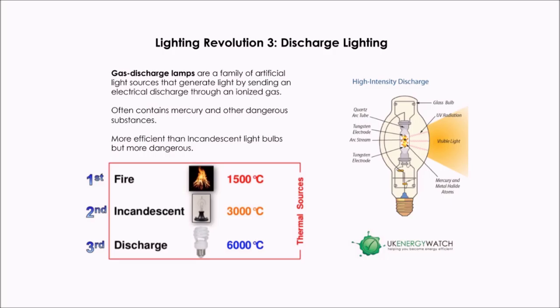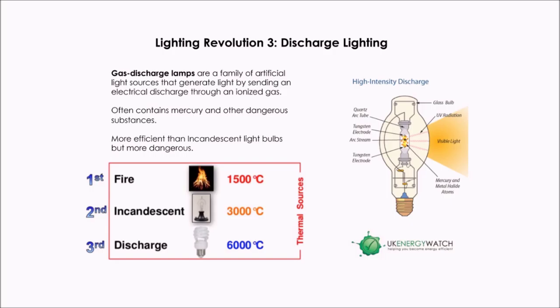Fluorescent lighting is probably the best example of this form of lighting. Essentially, discharge lighting is a gas inside the container. The problem with this type of lighting is it often contains mercury or other dangerous substances. It's a much more efficient light source than the incandescent, but has a few safety issues, shall we say.